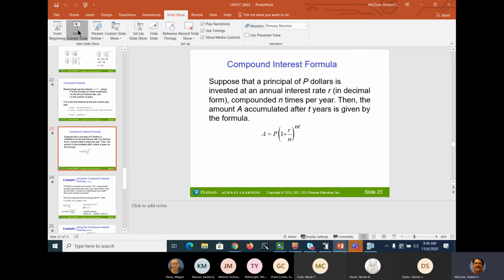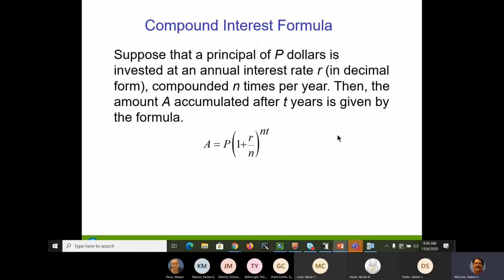Go ahead and write that down because you're going to see that on a standardized test as well as a regular test. Compound interest is, as you see, A is equal to P times 1 plus R over N raised to the NT power.